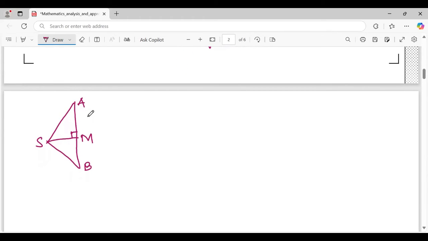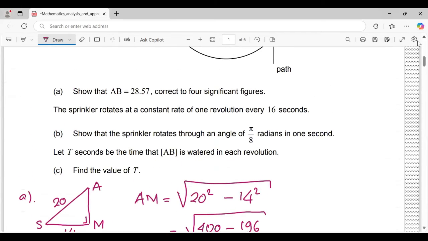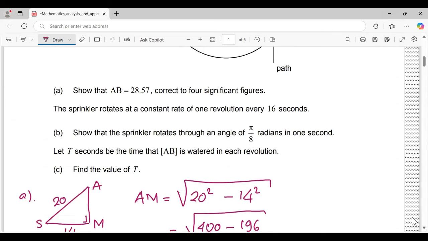If AM is 2 square root 51, then AB equals 2 times 2 square root 51, because AB equals 2 times AM, which is 4 square root 51. And if you calculate, the result is the same as this one, 28.57.